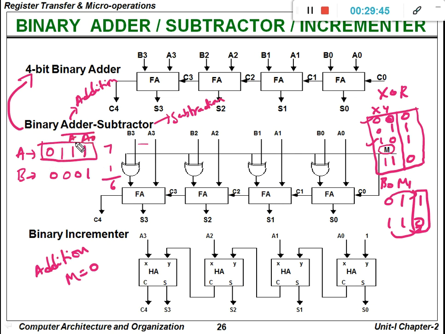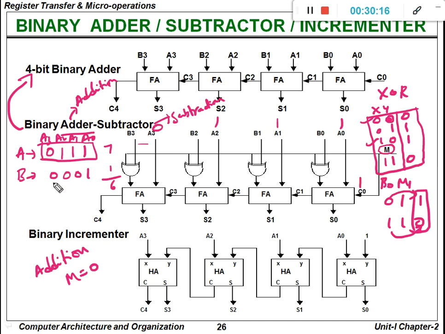So this is A0, A1, A2, A3. A0 is 1, A1 1, A2 1, A3 0. No changes. Okay. As far as the carry is concerned, we are passing the m value as carry. So what is the m value? At present for the subtractor, the m value is 1. So the initial carry will be 1.